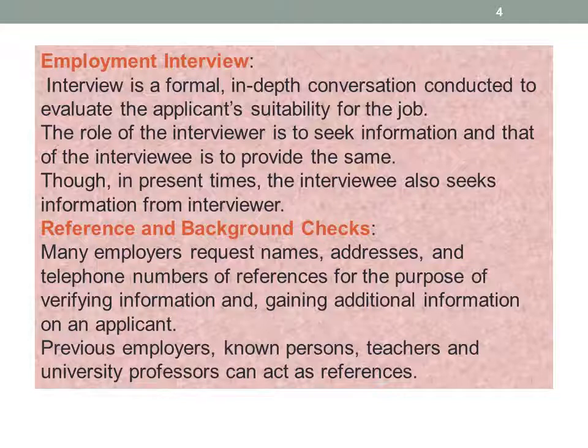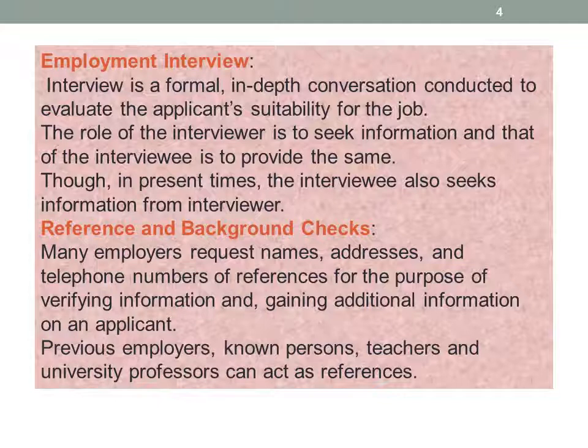Sometimes it may happen that when these 30 persons are interviewed and found suitable for the organization, each and every organization wants to have a background and reference check.